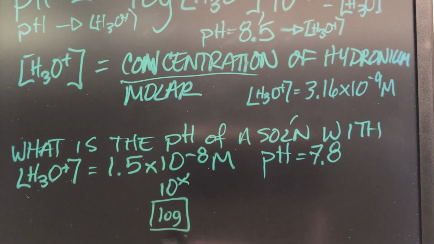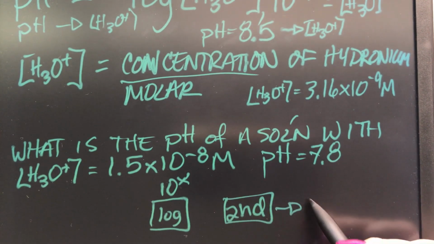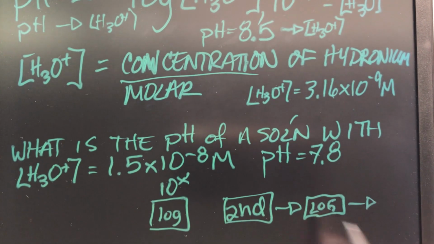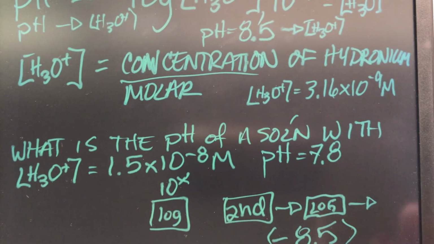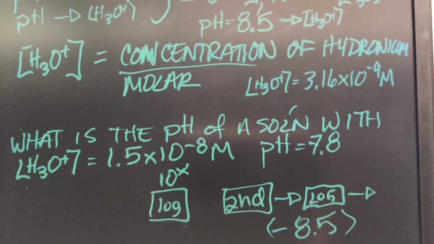So you click second, log, and then you'd put in negative 8.5. And then again, if your calculator's not in scientific notation, it's probably going to give you something with a million billion zeros, right? So putting it into SciNo makes it a lot easier to see, right? I know you guys were like, oh, I was never going to need to know this again. SciNo, bah.